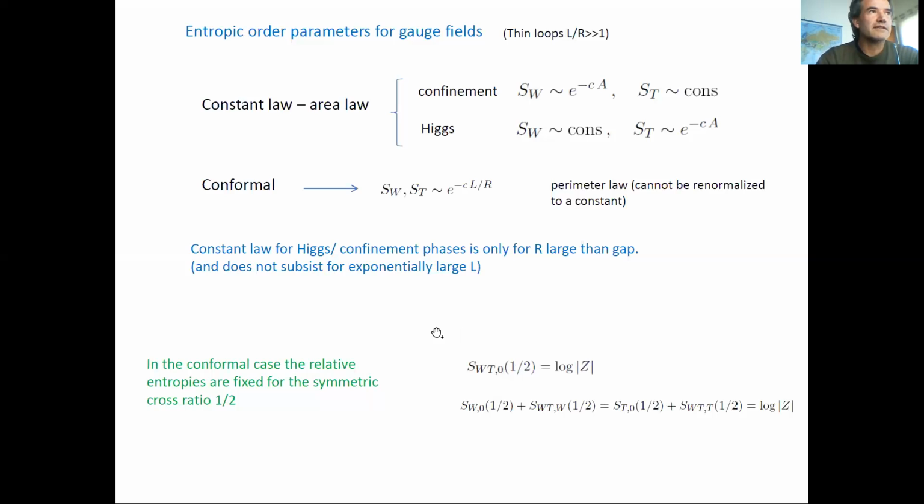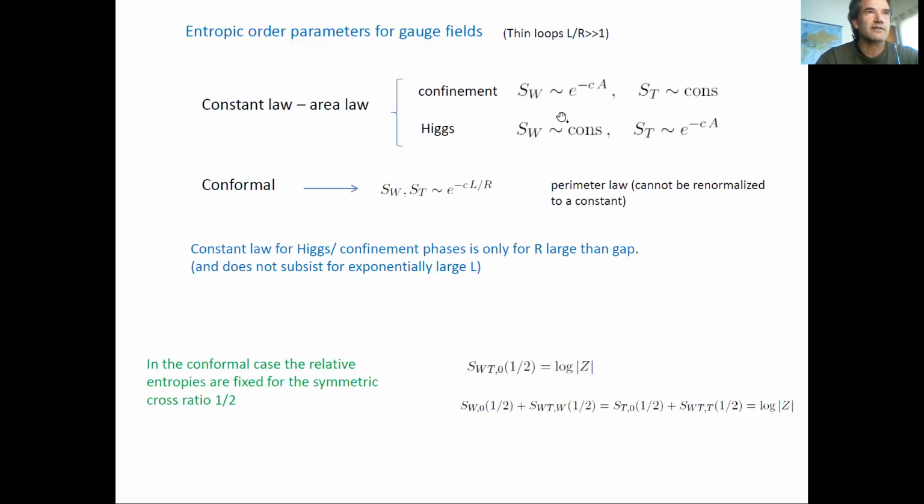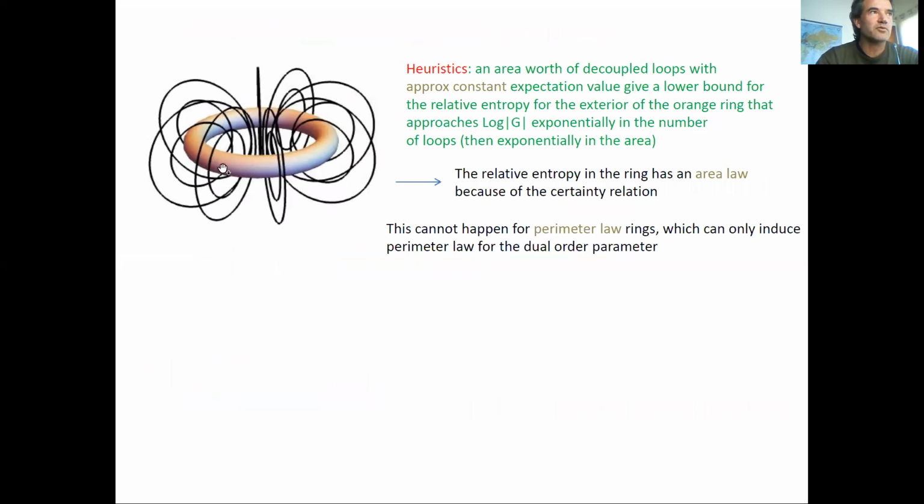So this is a kind of heuristic idea on how these two laws, the constant law and the area law, appear naturally in this context of relative entropies. And the reason is the following. Suppose you want to understand how some order parameter, say a Wilson loop here, goes with the size of this loop as you increase the size.